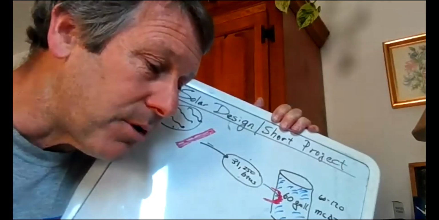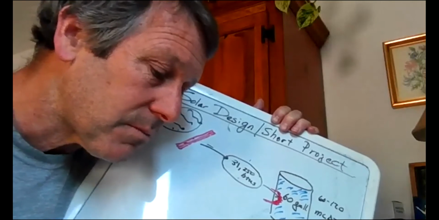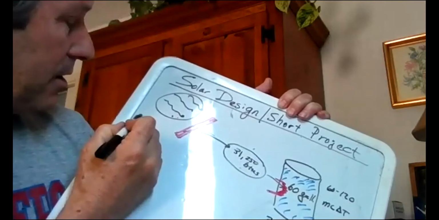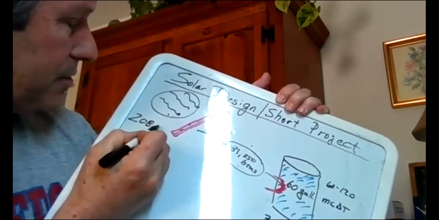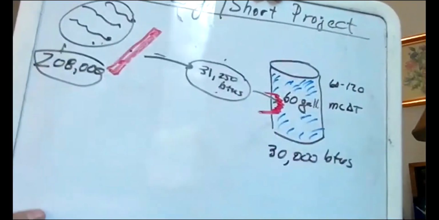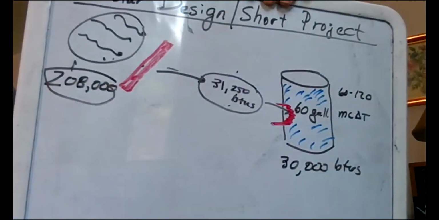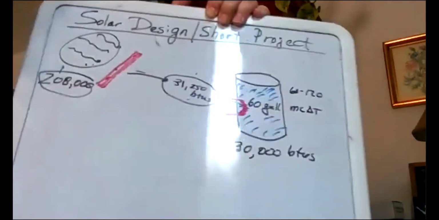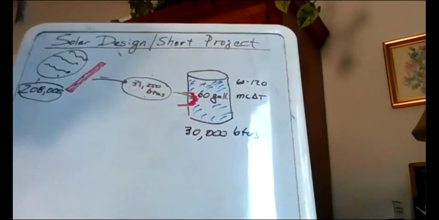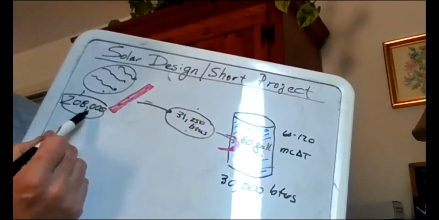I'm getting a pretty big number, like 208,000 BTUs of energy actually need to hit that panel during the day. Well, that's a lot. That means this is going to be an expensive system to make, but that's good design. We have a reasonable calculation there.